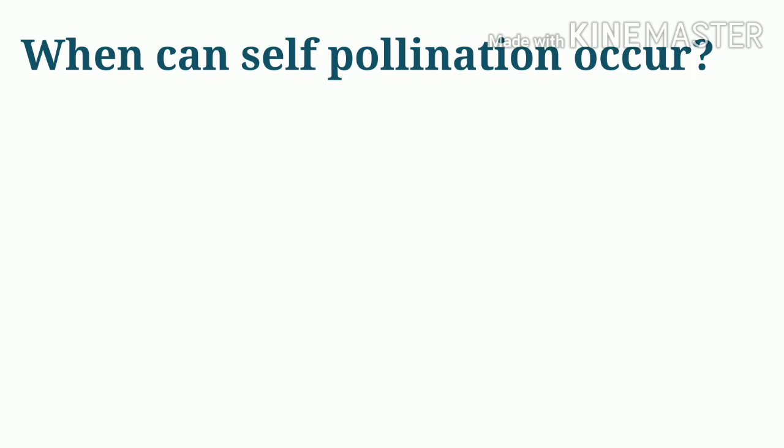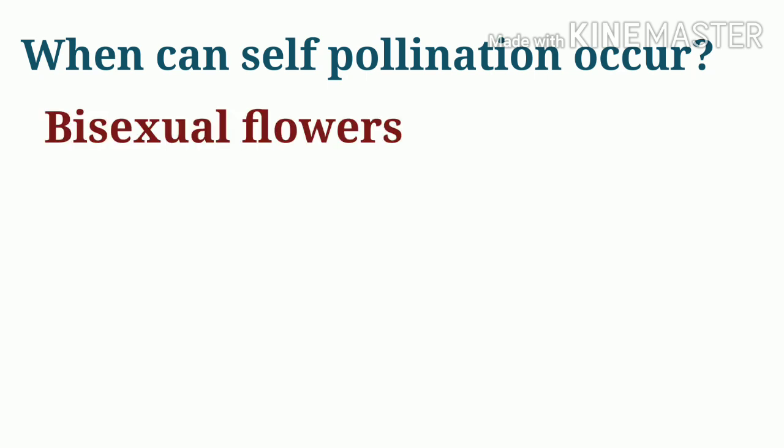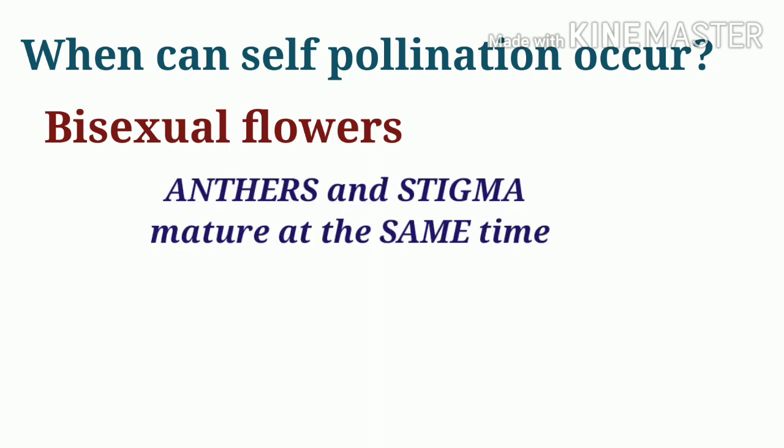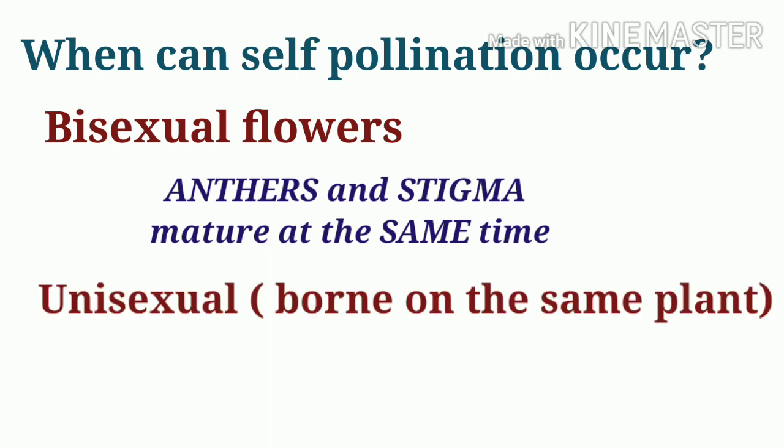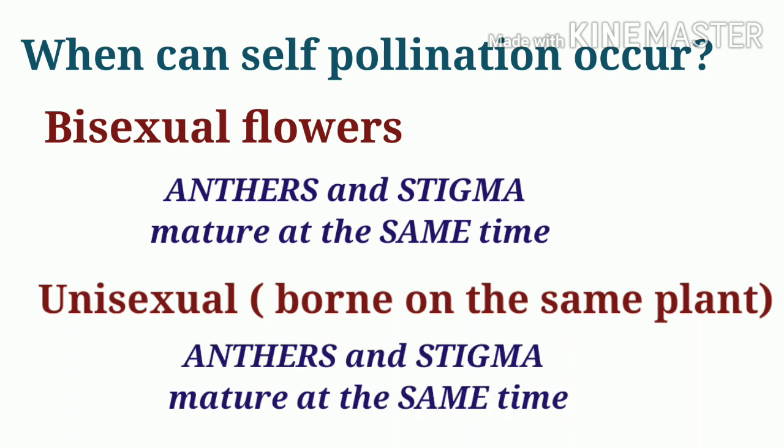Self-pollination can occur in case of bisexual flowers, that is, which has both the male and the female organs. To ensure self-pollination, it is necessary that the anthers and the stigma of a flower must mature at the same time. Or, if the flowers are unisexual and borne on same plant, then they must also mature at the same time.